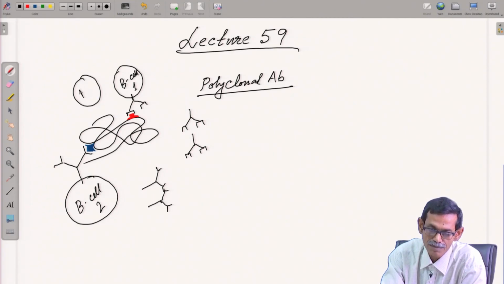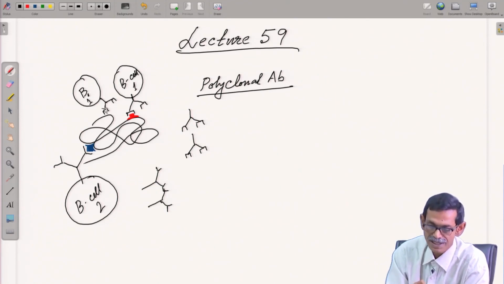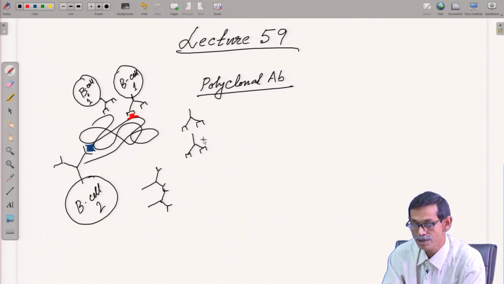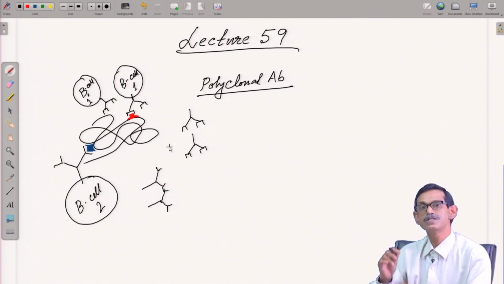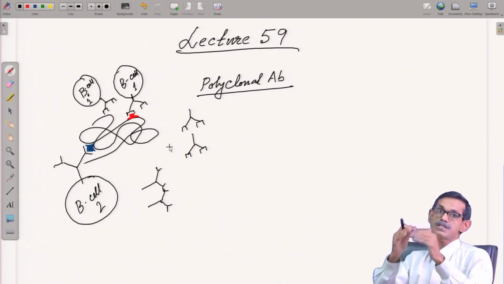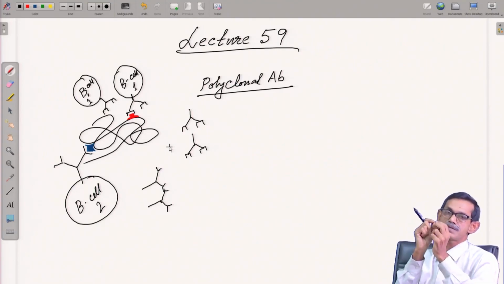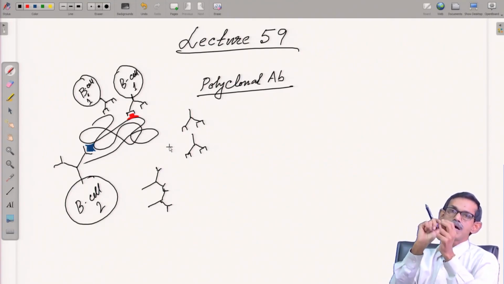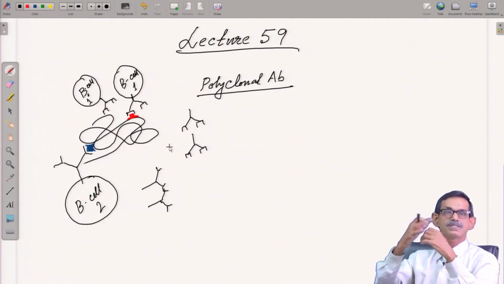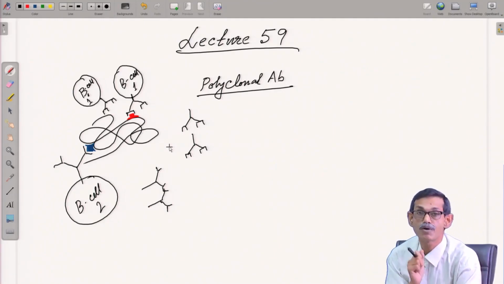Another B cell will come, say B cell 1 prime, which has a similar epitope. Even in that case, B cell 1 and B cell 1 prime are going to produce a mixture of antibody which is almost identical, but they originated from 2 different B cells. 2 different B cells means 2 different clones, their sequences are very similar, but 1 or 2 amino acids in the interacting region or the paratope region are different. Then also we will call it polyclonal.